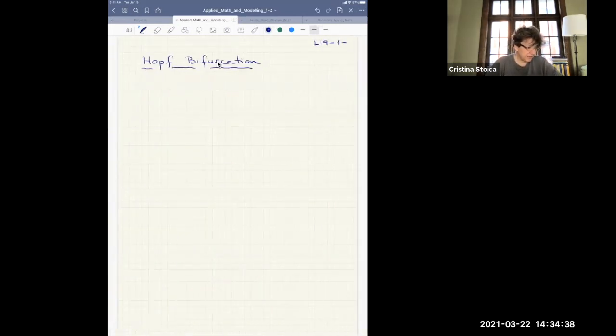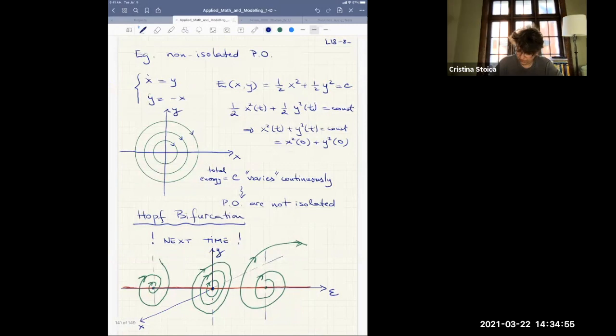So here is the standard form, the normal form of a Hopf bifurcation. So we need two coordinates, because the picture is about periodic orbits. We see them in X, Y coordinates, right?